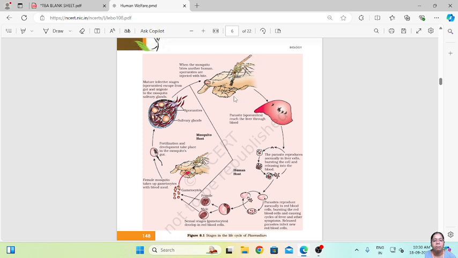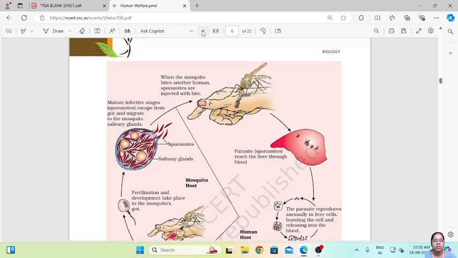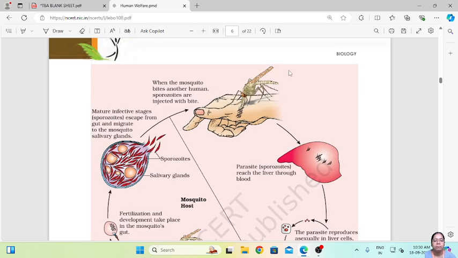First, the female Anopheles mosquito bites the human being, that is it transports the infection, the parasite, inside the human being. So when the mosquito bites a human, sporozoites are injected with the bite.